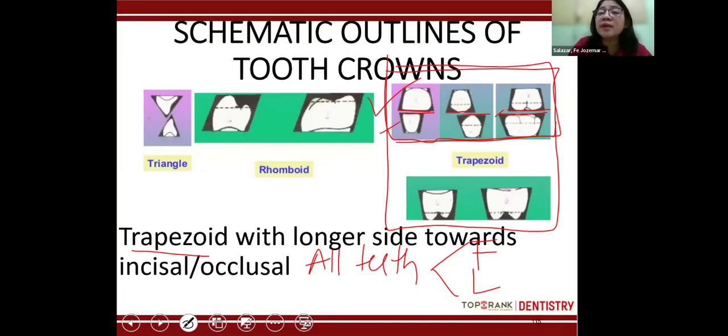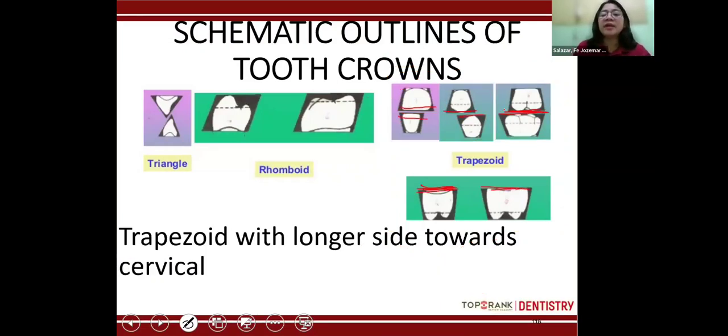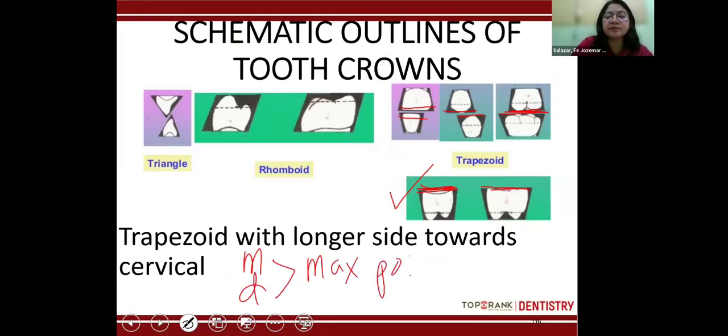Okay, kung mas gusto niyo maging specific, longer side on the incisal or occlusal. Okay, now ano naman yung isang trapezoid? Ito, mesial at distal ng alin? Maxillary posteriors. From the facial at lingual, trapezoid na siya. When you're looking at the mesial or distal, trapezoid pa rin siya.